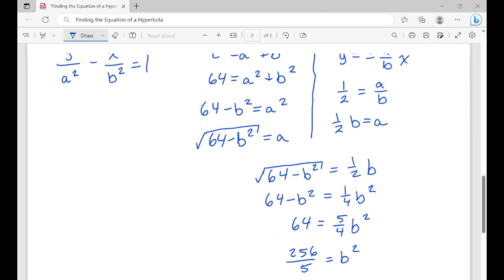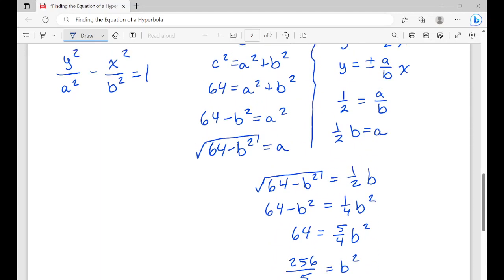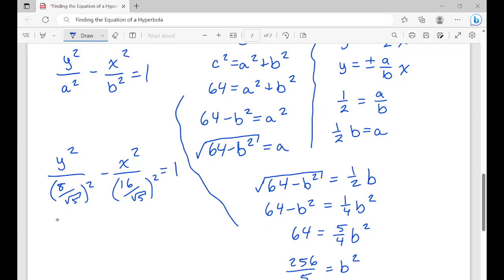I'll just go back up here, and I'm going to get y squared over a squared, so that's going to be 8 over square root of 5 squared minus x squared over b squared, which is 16 over root 5 squared equals 1. And you can rationalize the denominator and get the fractions out, but this is just how to set it up.